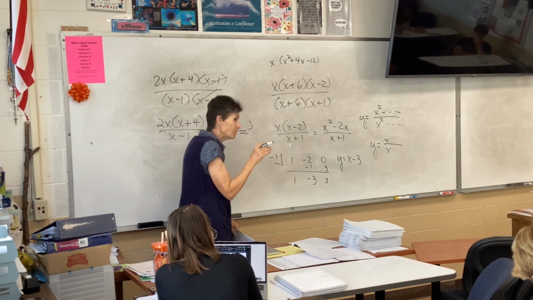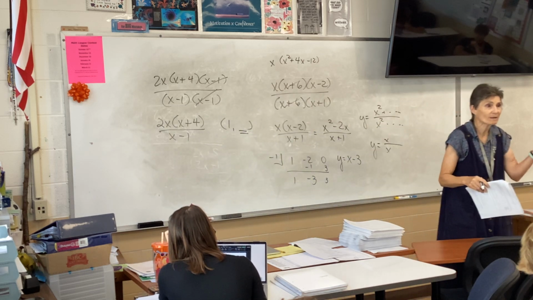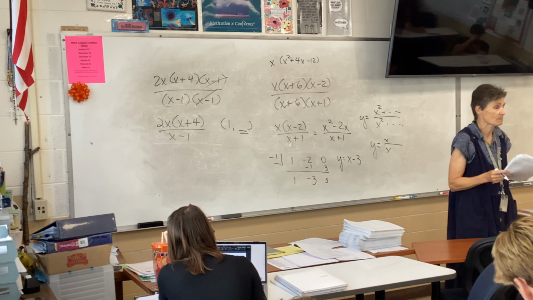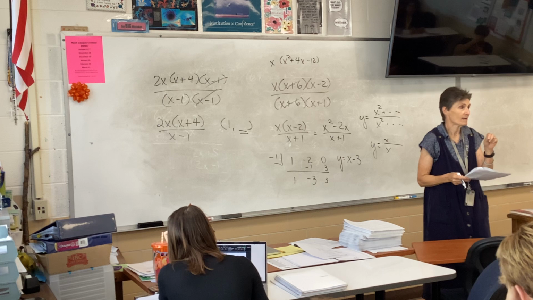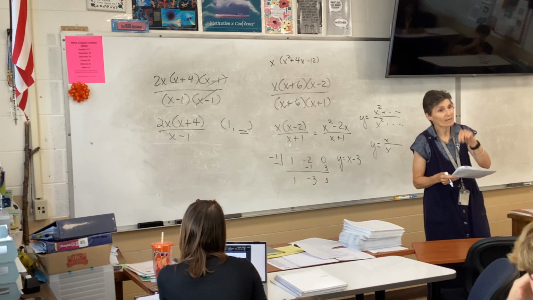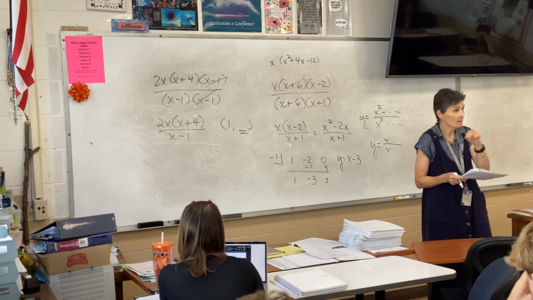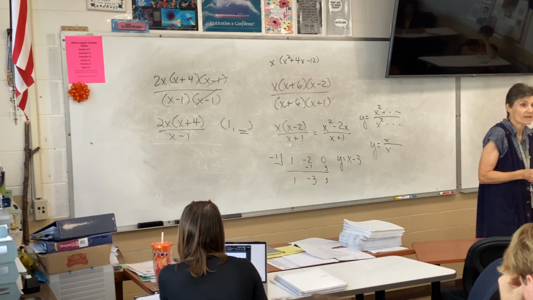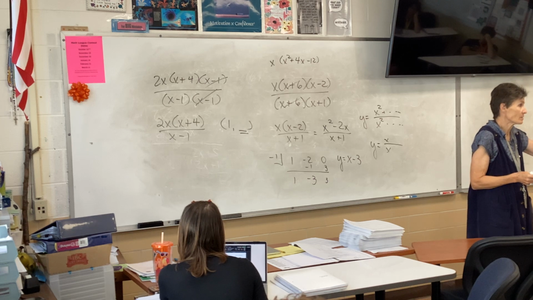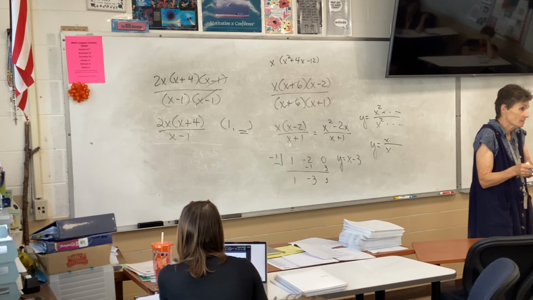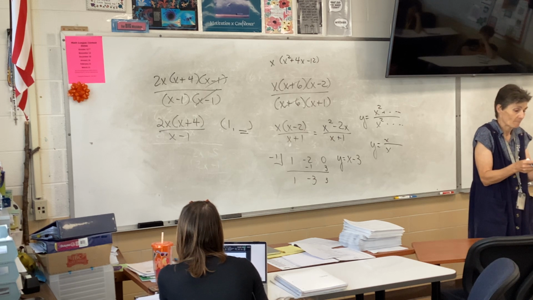If you cannot plug it in, that means it's a non-removable discontinuity. You can't get rid of it. It's going to be a vertical asymptote. That is why you can't say every time you cancel, you'll have a hole. That's not true. Now, if you have a hole, then you had to have canceled. But sometimes when we cancel, it leaves still a problem, right? All right.